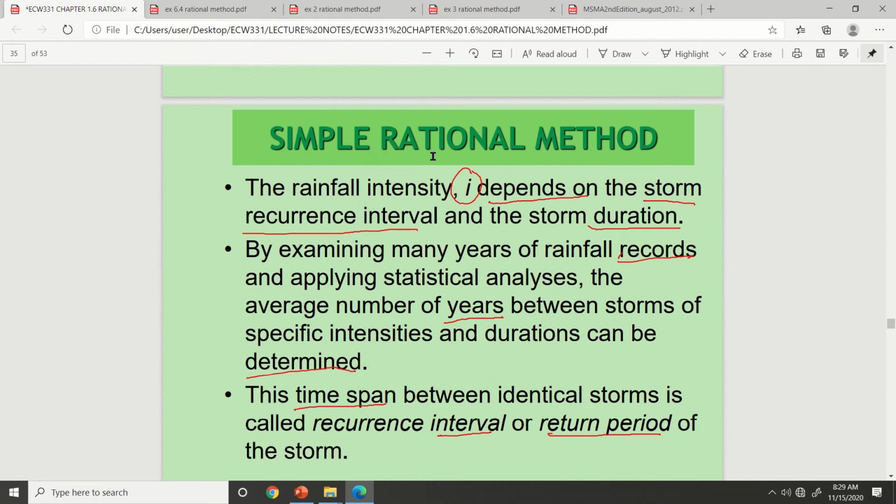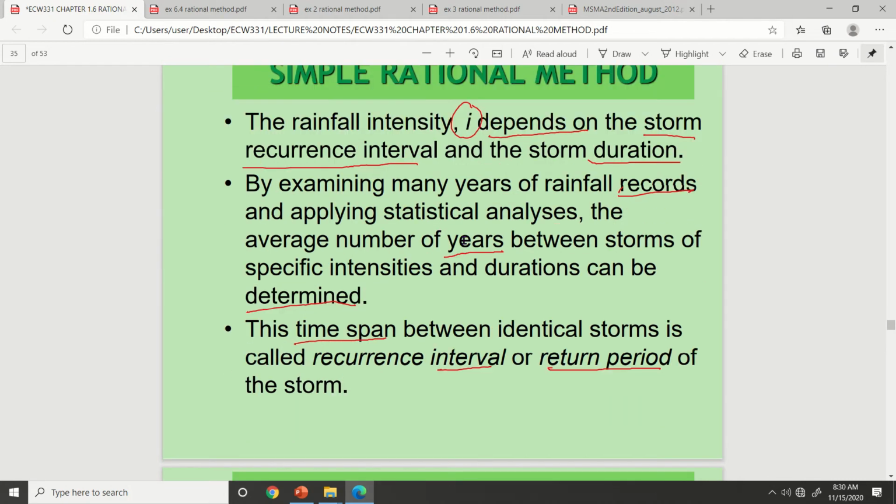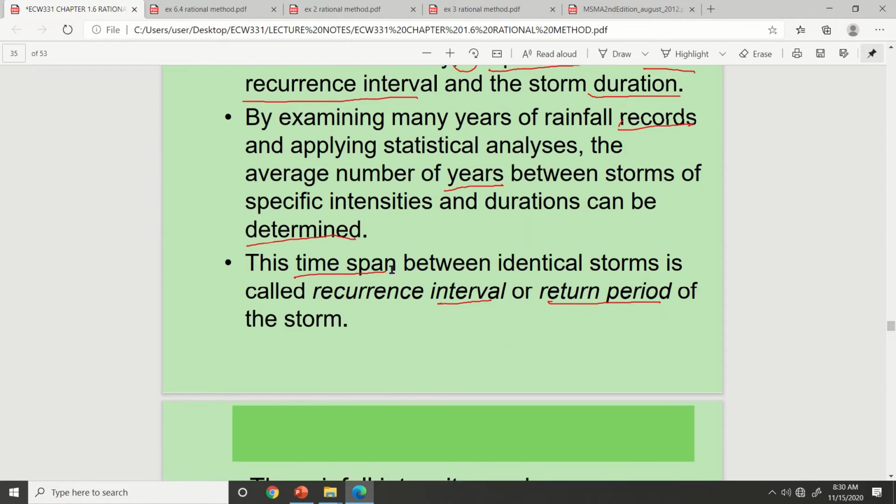So rainfall intensity actually depends on the storm recurrence interval. Okay, so we can record the rainfall and average it for a number of years, sometimes 2 years, 5 years or 100 years. So this time span of identical storms is called the recurrence interval or return period of the storm.